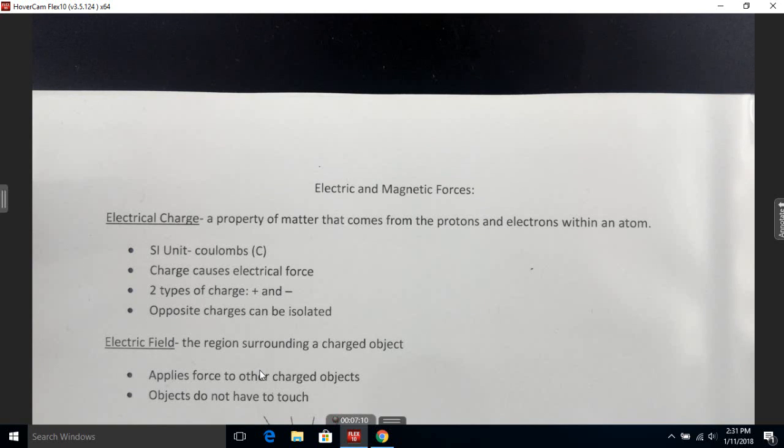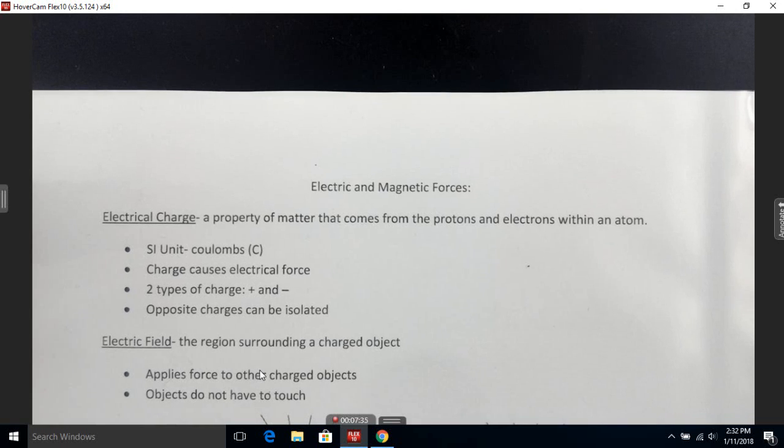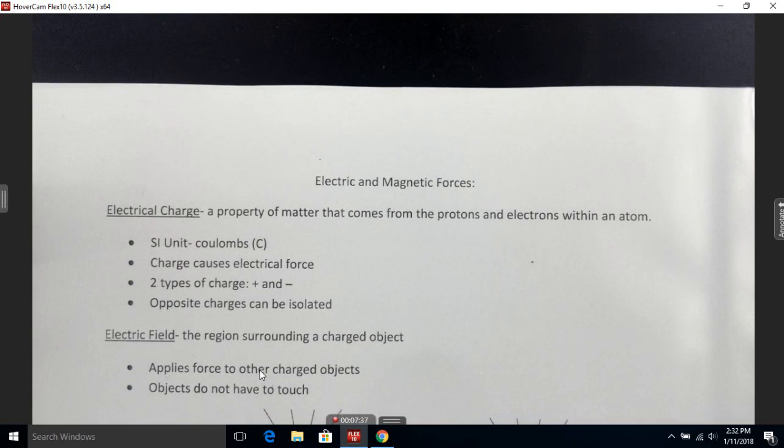Out of the three, gravity's the weakest. That means electrical force is stronger than gravitational force. I think electrical, but I gotta look that back up. They asked me that today.